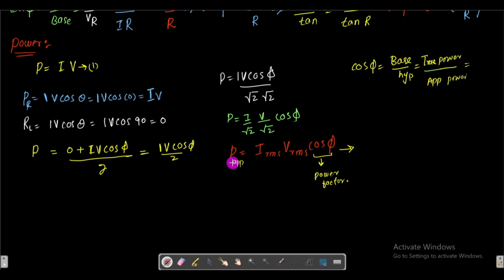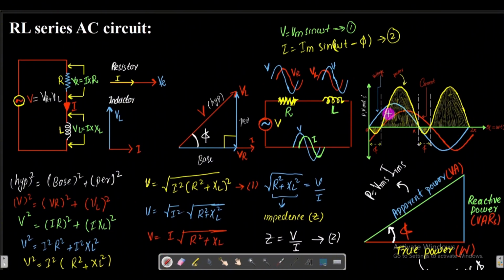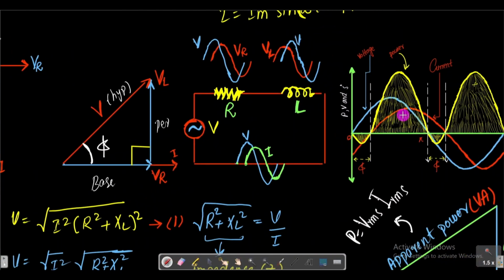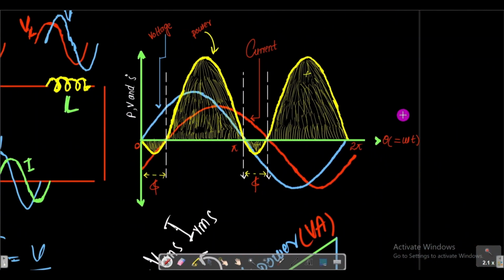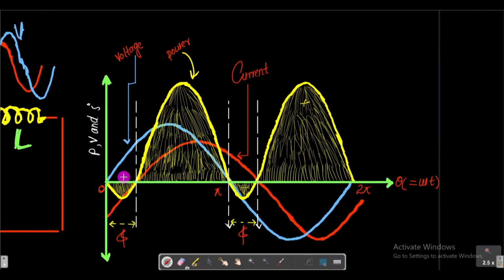Okay, now I am going to analyze this power. This power is mentioned here by the yellow color, and this shaded region is actually that apparent power, which is equal to IRMS VRMS into cos of phi. And that phi is actually the phase difference between this voltage and the current.